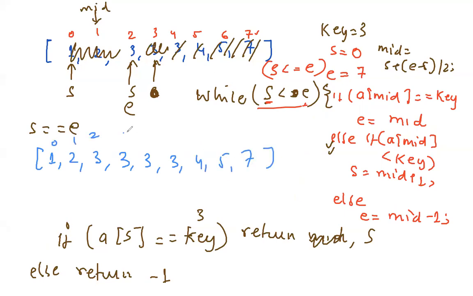The 4th position, this is 3. Correct. So which condition will hit? The first one. So your end becomes here, your start is here. Correct. So now what will be the mid? The mid will again be between the two. So this will become the first instance.